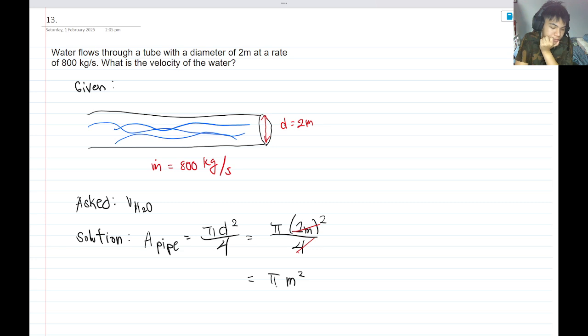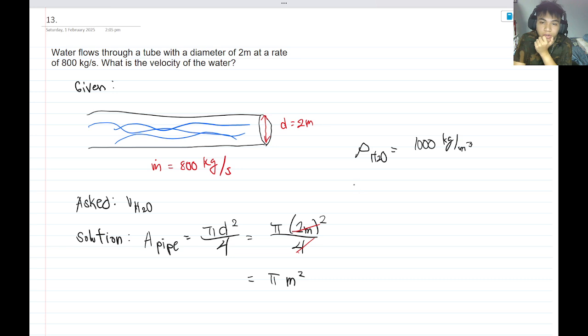Okay. And since water nga to, so we know the density of the water to be 1,000 kilogram per cubic meter.